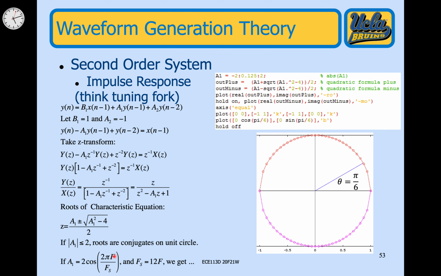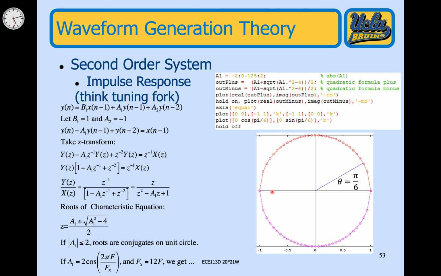If fs is 12f, then it would be 2f over 12f down here, and the f's cancel. You're left with pi over 6. And you can let theta get larger and larger until it hits pi.